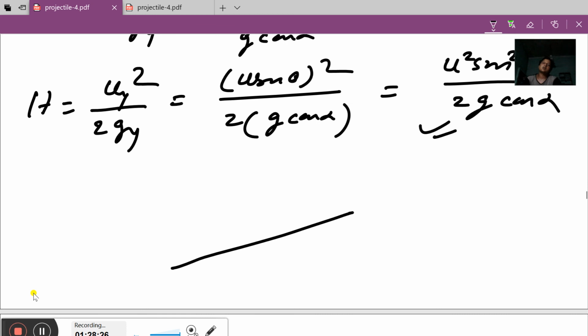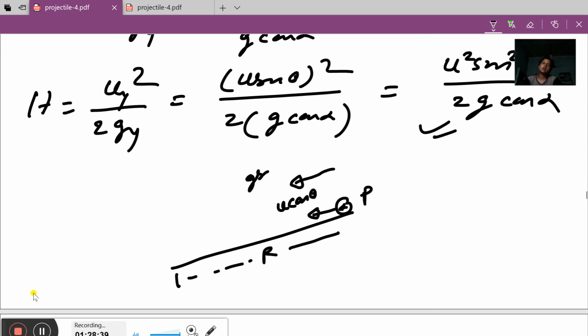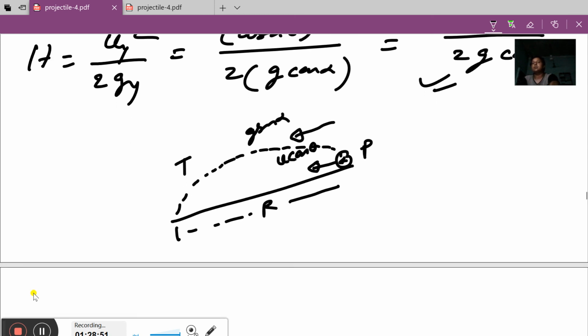What is the range? In this case this distance is the range. The projectile has a speed component u cos theta and acceleration component g sin alpha. Time of flight is t. The only difference is the direction of u cos theta from the previous one.